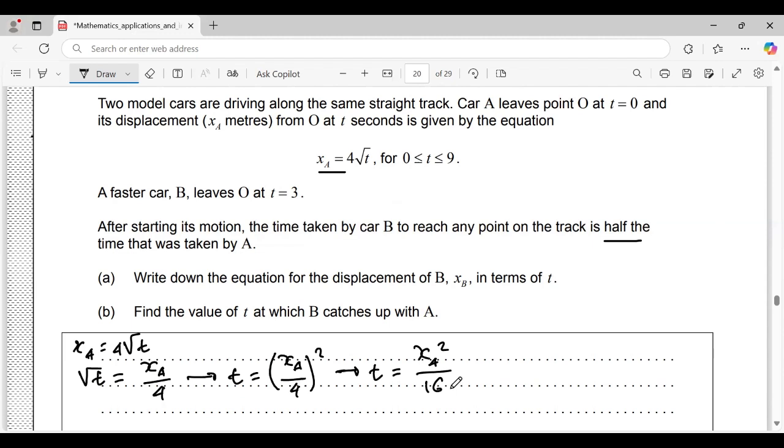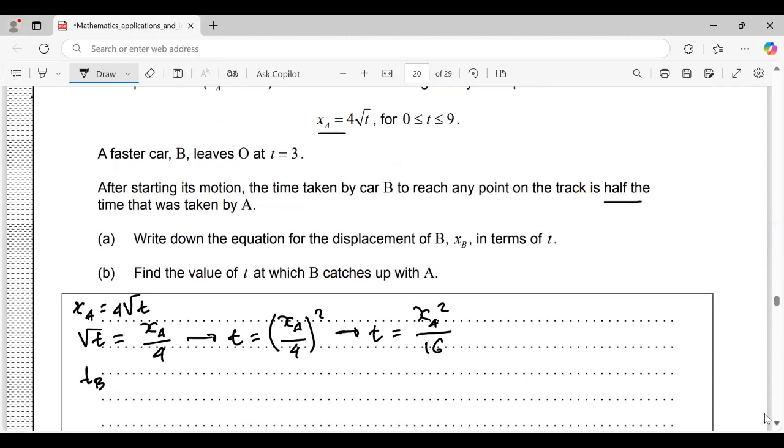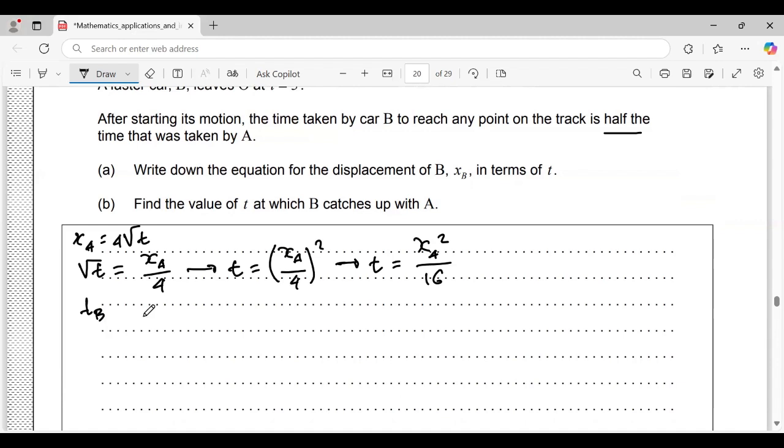Now, since car B takes half the time to reach the same point, the time TB for car B to reach the same displacement is TB equals 1/2 TA.